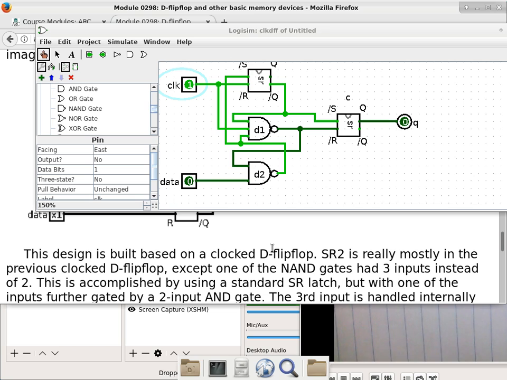So now the question is, how come at this point it's no longer sensitive to the data? I can change data all day long and nothing is going to happen. When you look at data, it connects only to D2, right? And D2 is now outputting a 1. Why is it outputting a 1? It has got two reasons to output a 1, because all it needs is one of the inputs to be a 0 to output a 1. If I change data from 0 to a 1, it has just lost one reason.